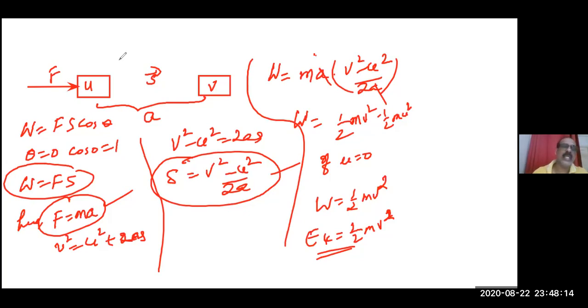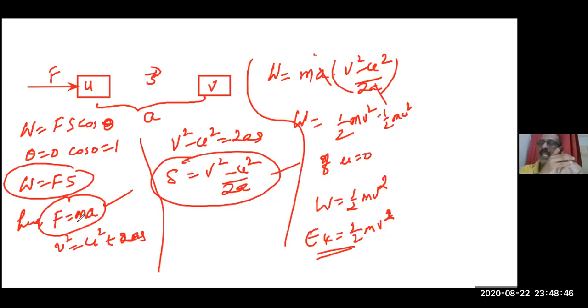Let m be the mass of the body having its initial velocity u.